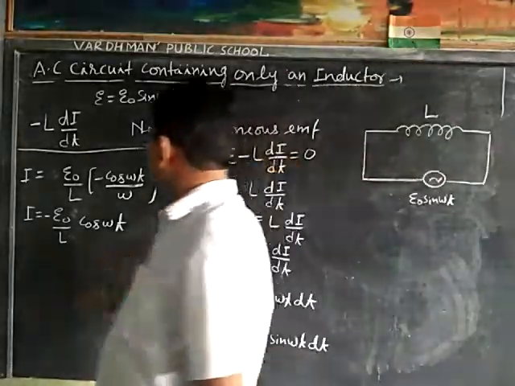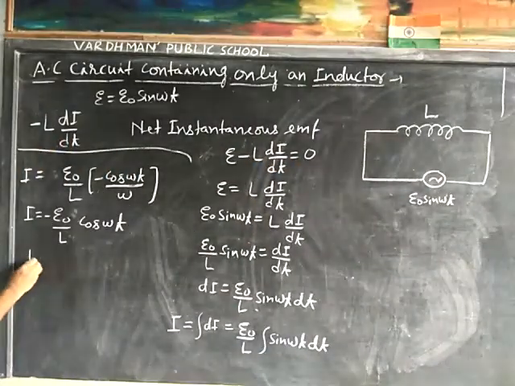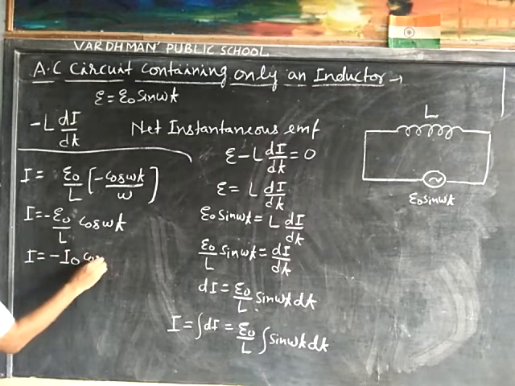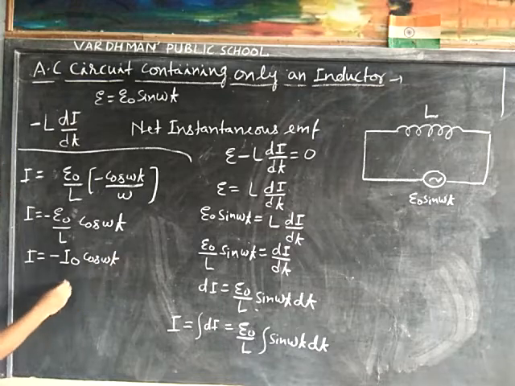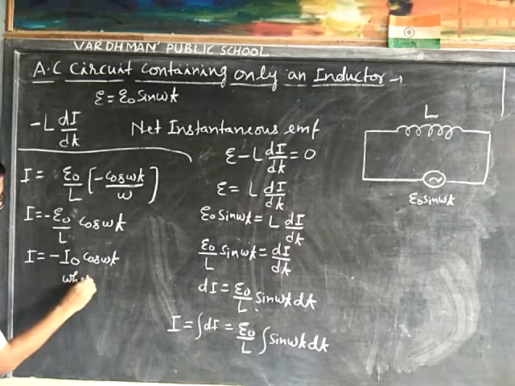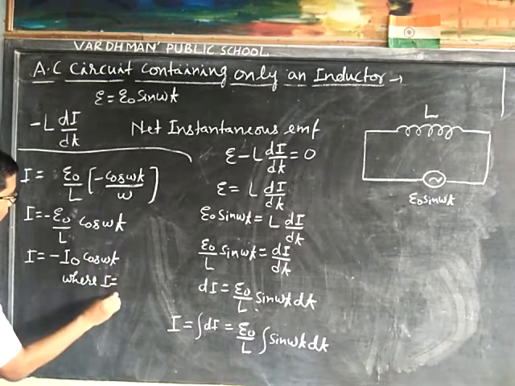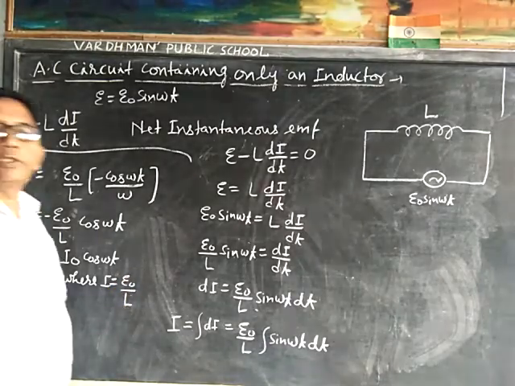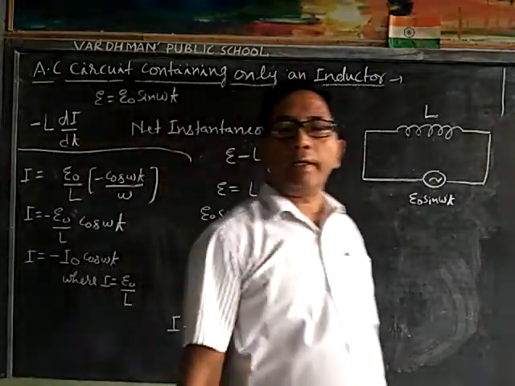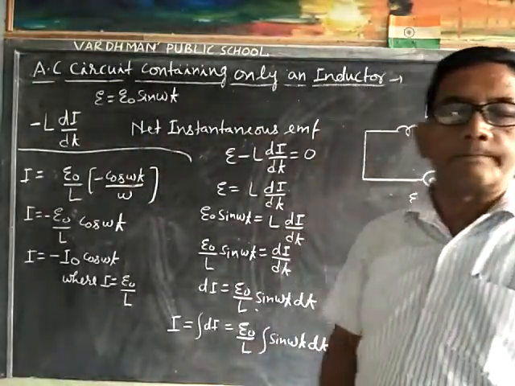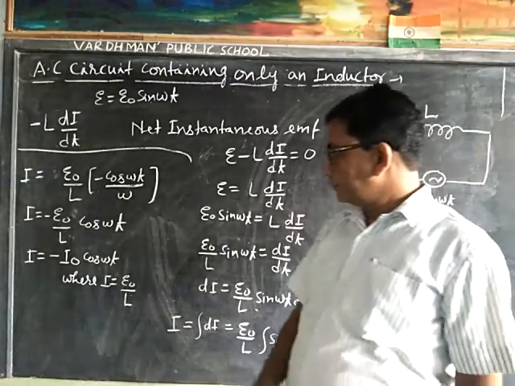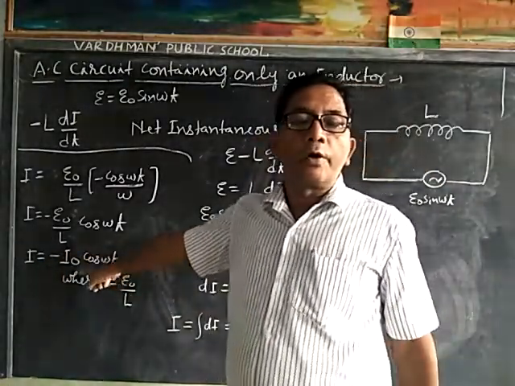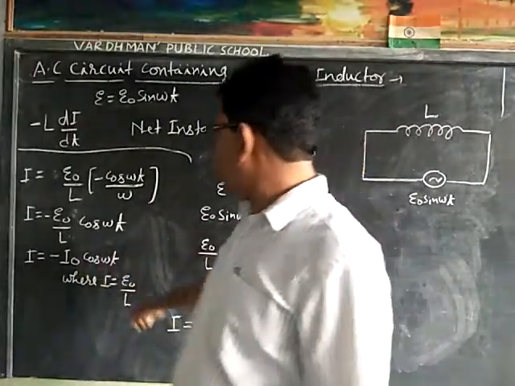We can also write I is equal to minus I0 cos omega t, where I0 is equal to E0 upon L, the peak value of AC. Thus I is equal to minus I0 cos omega t.